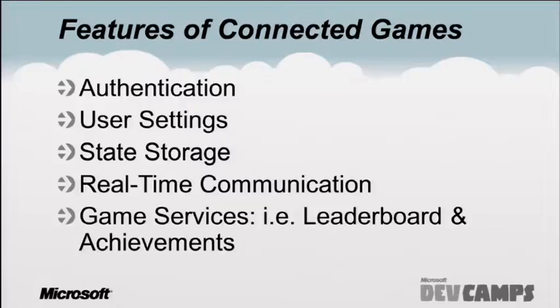You may want to start storing user settings for these games or state of the game up in the cloud. You may require some form of real-time communication between different clients. And you may need services like a leaderboard to show who's leading, if people are going out and achieving different things or reaching different goals. You may want something that can go out and provide that for you.